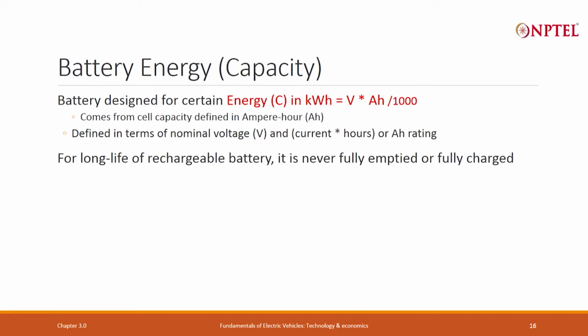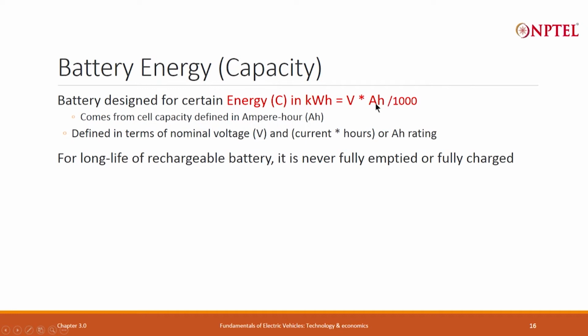What is the voltage that it will operate at? What is the ampere hour? Ampere hour is how much ampere for how much time, so you have to multiply that. The energy is therefore voltage into ampere hour, that will be watt hour. If you want kilowatt hour, you have to divide it by 1000. So, this is important: V into Ah divided by 1000.